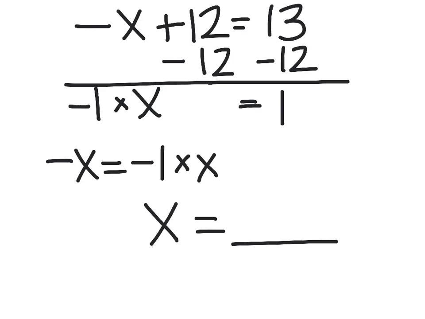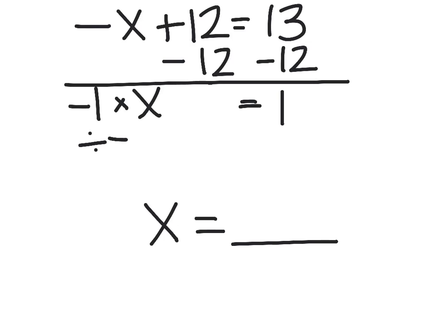Now I'll solve it the same way that I did before. And I have a times negative 1. Opposite of that is divide. My whole number is negative 1, so I'll divide by negative 1 on both sides.